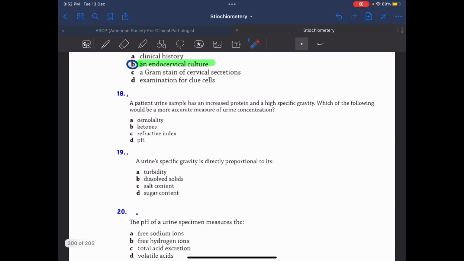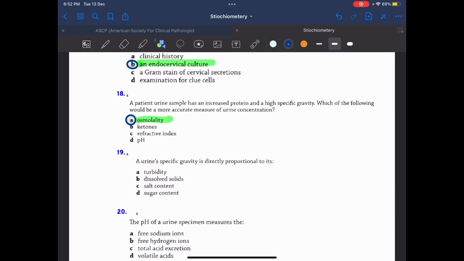Question number 18. A patient's urine sample has increased protein and high specific gravity. Which of the following would be a more accurate measure of urine concentration? Osmolality, ketones, refractive index, or pH? The correct answer is osmolality.